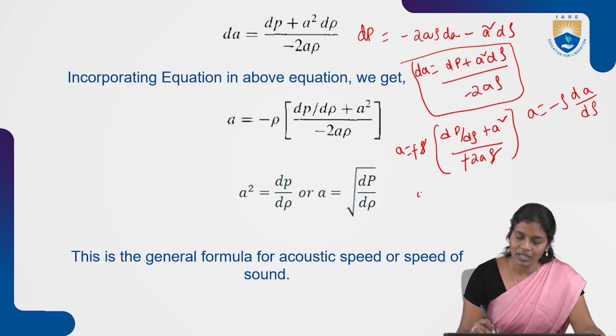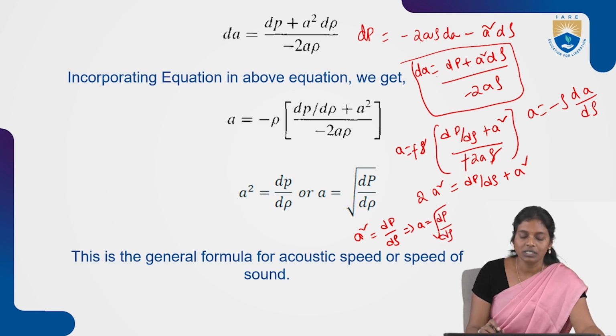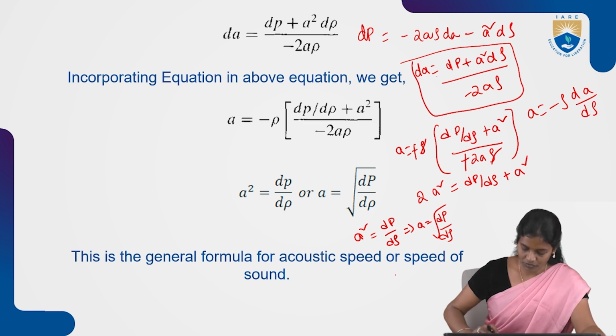So what we will be having: 2A square equal to dP by d rho plus A square. Further we can write it as A square equal to dP by d rho, so A equal to under root of dP by d rho. So this is the general formula for acoustic speed, or speed of sound, right?